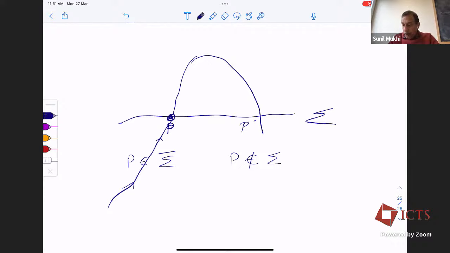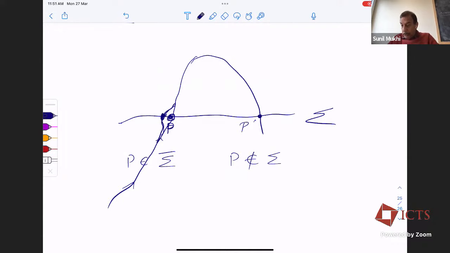But now all we do is take this path and modify it just like that. It's always possible to modify this by just a little bit to skirt around P. And now this path from here to here is causal, but it's not allowed because sigma is achronal.